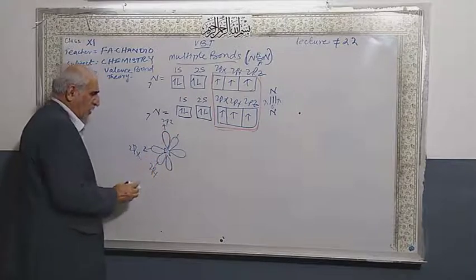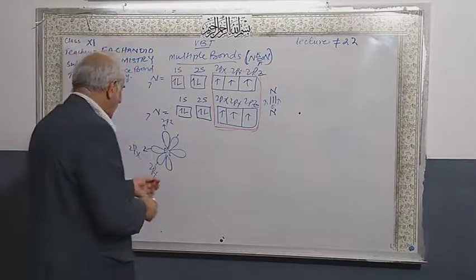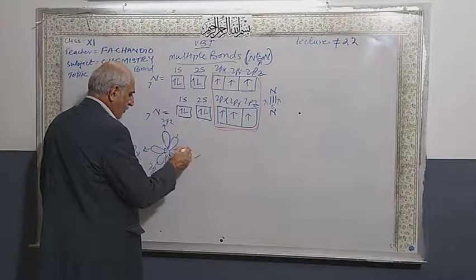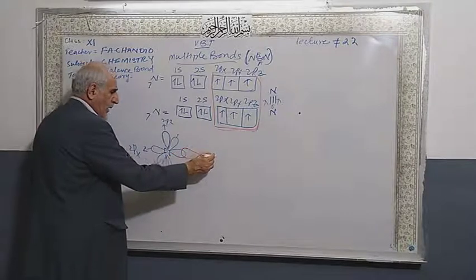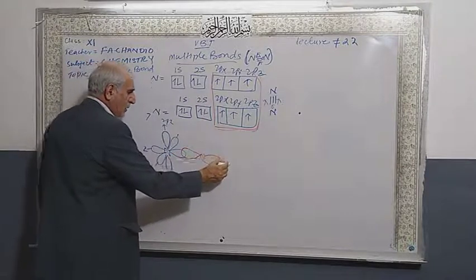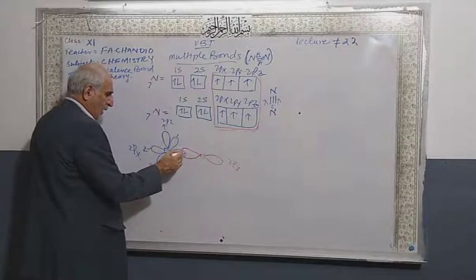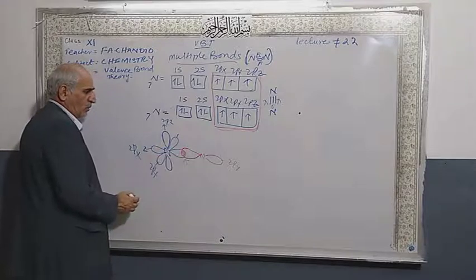This is for one nitrogen, and therefore another nitrogen seen like this one. This is the second nitrogen, and this is a 2px for the second nitrogen, and they are the end-to-end overlapping to form a sigma bond.